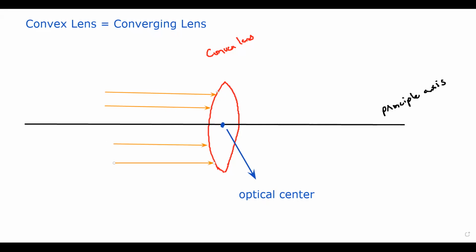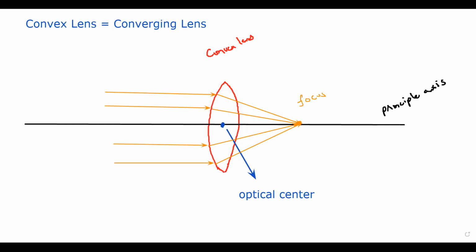When these light rays are passing through the lens, they converge at one point, they combine at one point. The point where all the light rays combine or converge is known as focus. Principal focus, or you can also say focus.